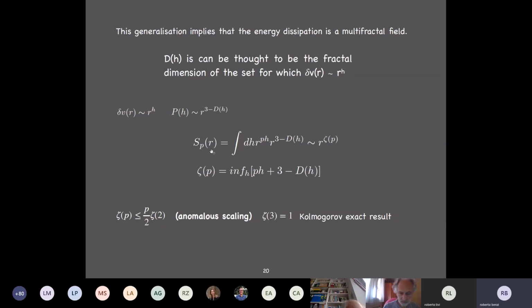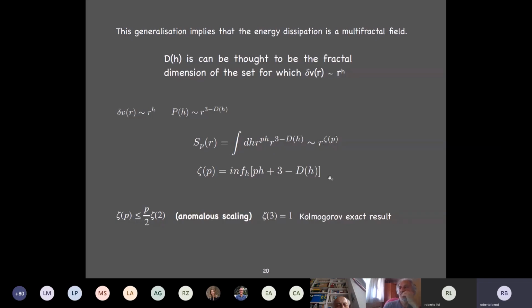As soon as you have this idea, which introduces a weight for any value of h, then of course in the limit of r going to 0, since the function d of h may eventually be nonlinear, the property of S_p is no longer dictated by h equal to 1/3, but is dictated by some characteristic value of h, which minimizes this Legendre transform.